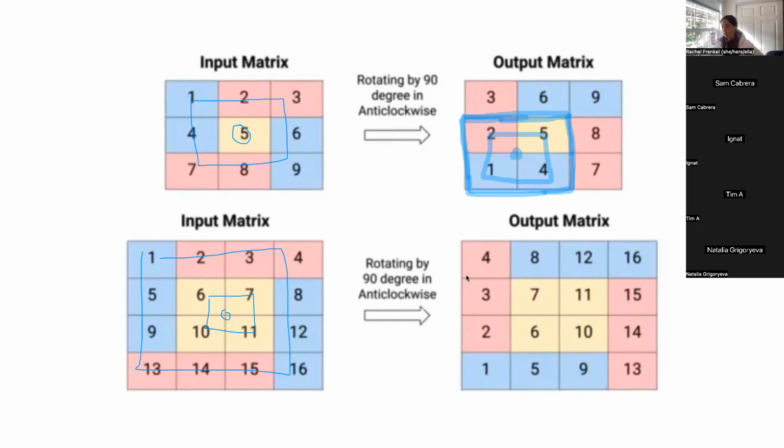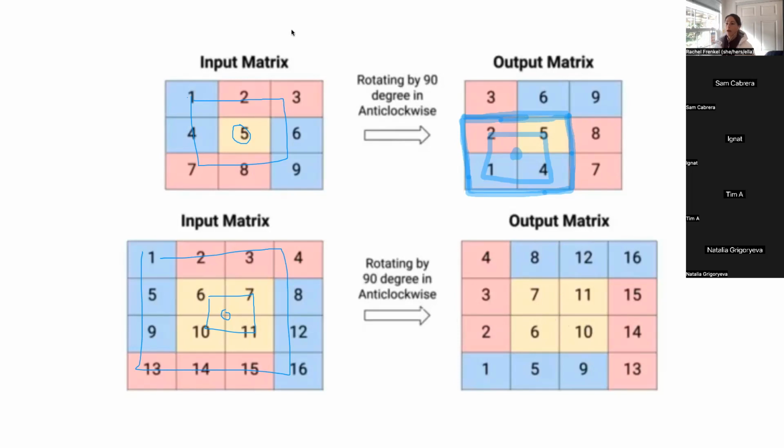So the reason you can think about it is, I'm getting to the center, right? You're just going halfway in. To get to the center of an n by n matrix, you're going halfway and stopping. So that's why it's divided by 2. You're going n over 2 and stopping.